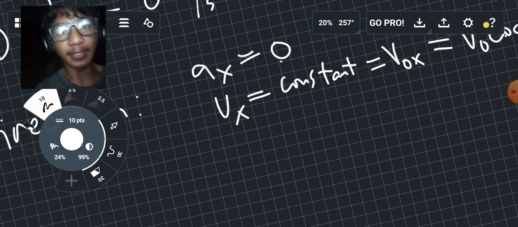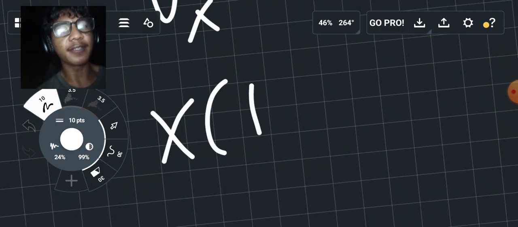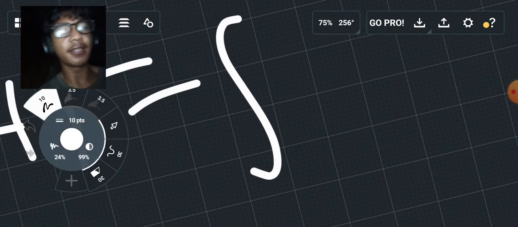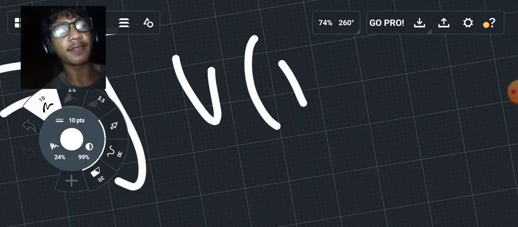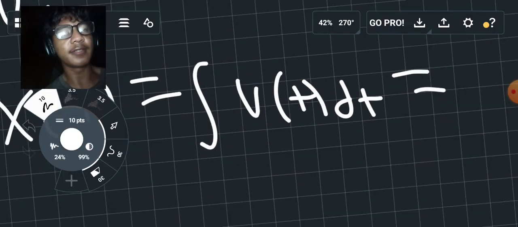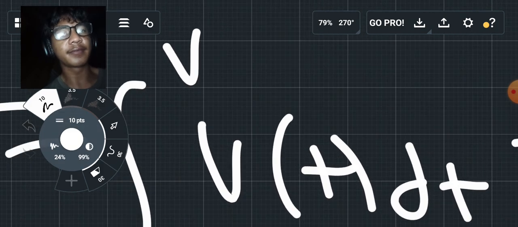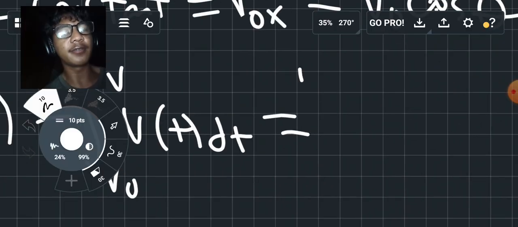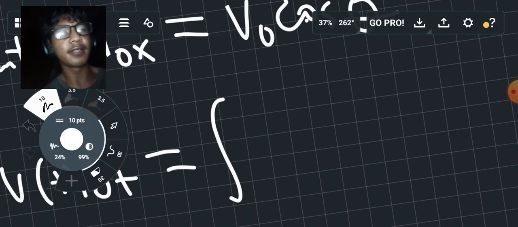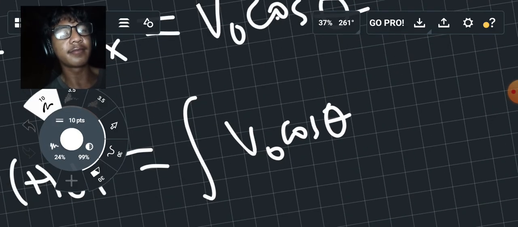Okay, now how about the position? Well, since the position function x of t is nothing but the integral of the velocity function with respect to time, from v naught to v. So what we have here is the constant v naught cosine theta dt.